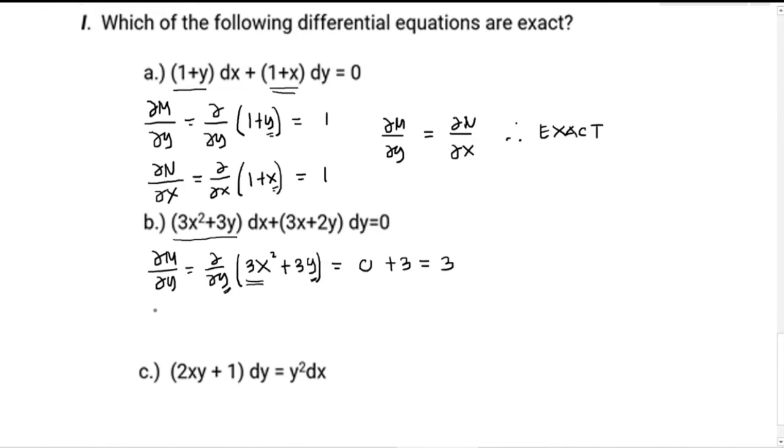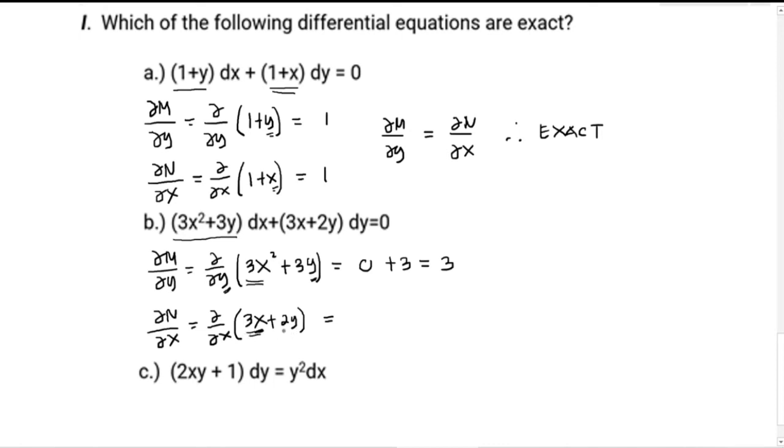For our N, the partial derivative of N with respect to x, N is 3x plus 2y. This is with respect to x, therefore x here is the variable and y is now assumed as constant.